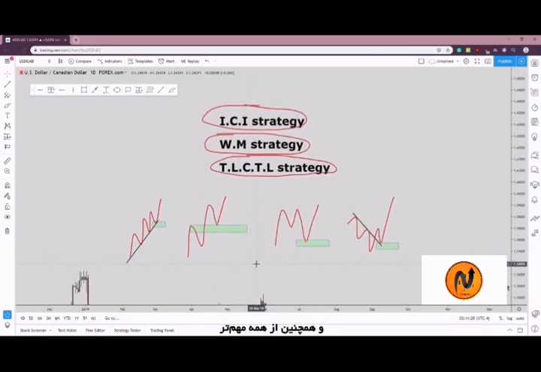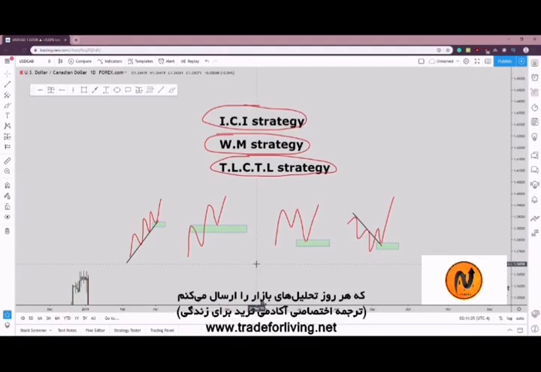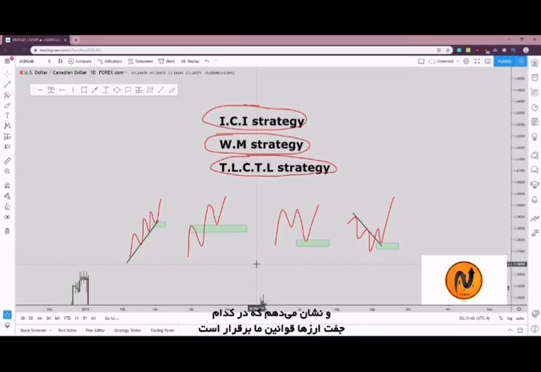And also, and the most important thing, you're supposed to follow me in the daily market breakdown group, where I send you the daily market breakdown every single day, showing you exactly which pairs are satisfying our rules of the strategy. And that is the only way you will really, together with backtesting, see how you're supposed to apply them.